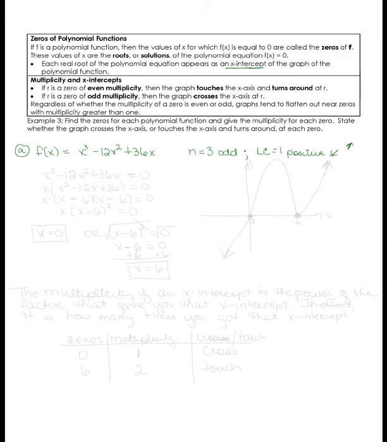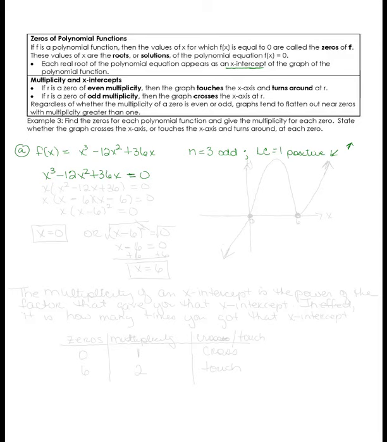So what do we know about finding the x-intercepts? Remember that? We have to set this equation equal to 0. So we have x cubed minus 12x squared plus 36x equals 0. How will we solve it? Factoring.